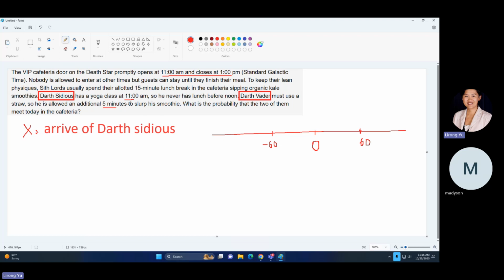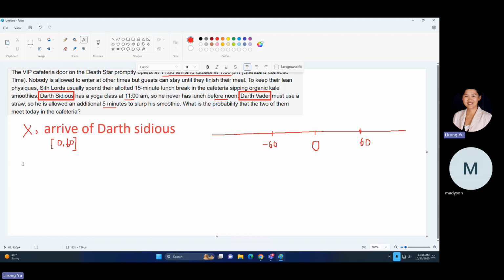Since this first person has a yoga class at 11, he cannot arrive before noon. So the earliest time is noon for him to arrive. So X is limited between 0 and 60. Right, this is where I was wrong. I think last time I said Y would be between 0 and 60, and X between negative 60 and positive 60. So these 2 have to switch.